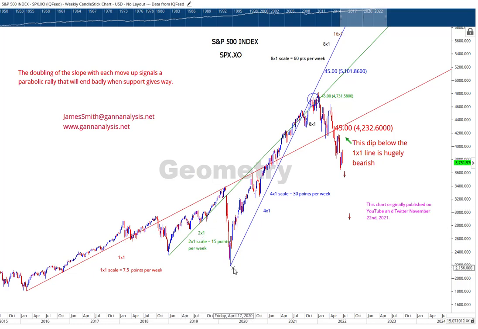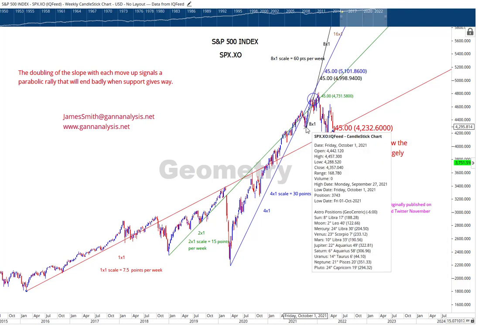And then when that breaks, we rally on a 4 by 1, which is 4 times the slope of the 1 by 1, 30 points per week. And when that breaks, then you rally on an 8 by 1, which is twice that slope. So 60 points per week.